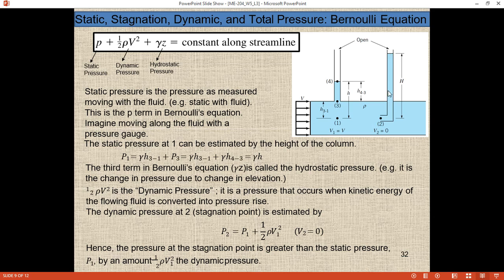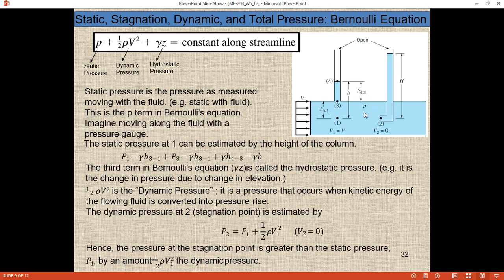The pitot tube is basically an L-shaped bent tube. You can see, this is a pitot tube. This tube does not measure the dynamic pressure directly, it measures the stagnation pressure. Here at point 2, this is called a stagnation point. The pitot tube allows the fluid to enter, and it converts all its kinetic energy into the vertical head, or the height of the column.